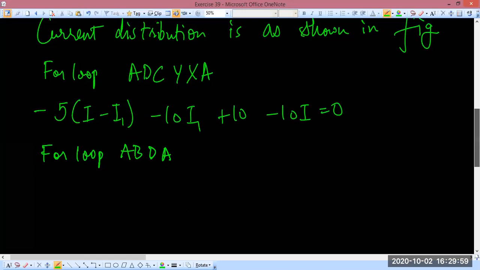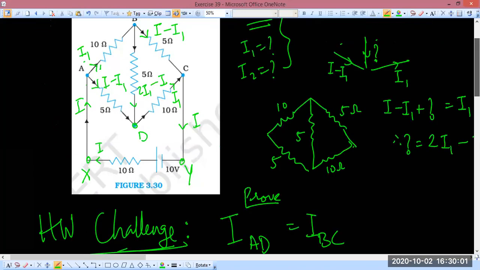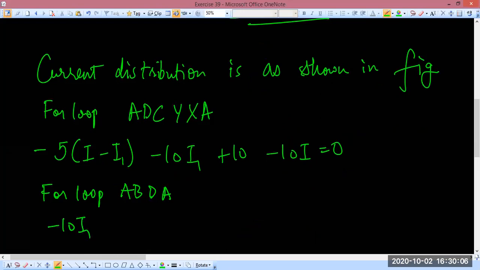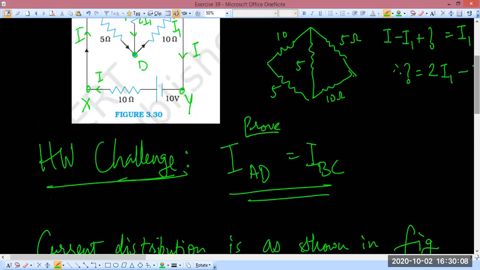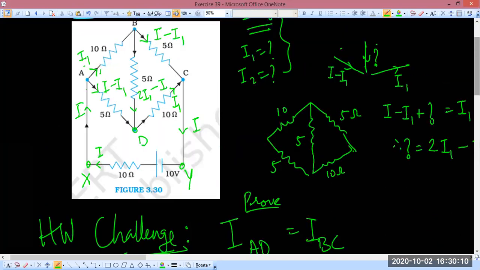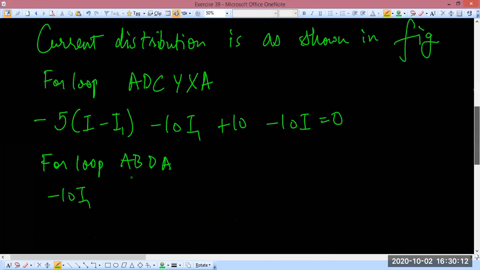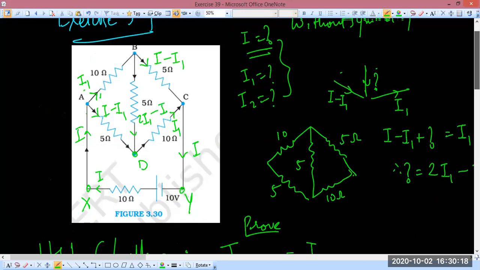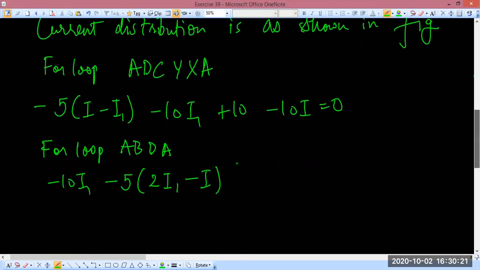So for loop A B D A, minus 10 I1, પછી શું છે minus 5 into 2I1 minus I, and then plus 5 into I minus I1 is equal to 0.